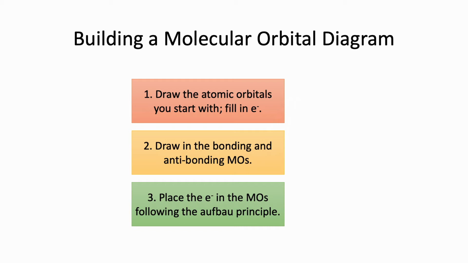The second step is to draw in the bonding and anti-bonding molecular orbitals, and we're going to get into that a little more as we draw. The third step is to count up the total number of valence electrons you have and place them in the molecular orbitals following the Aufbau principle. You're going to treat these molecular orbitals the same way that you did the atomic orbitals when you were doing electron configuration diagrams for elements.